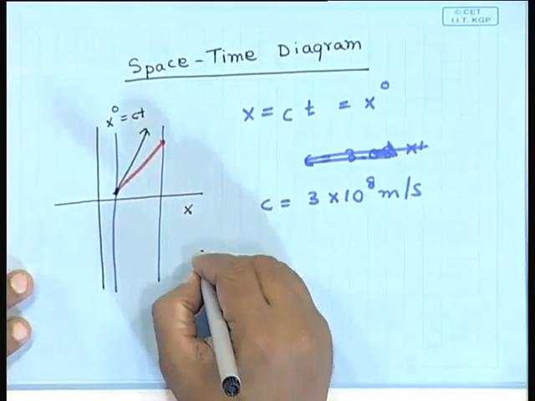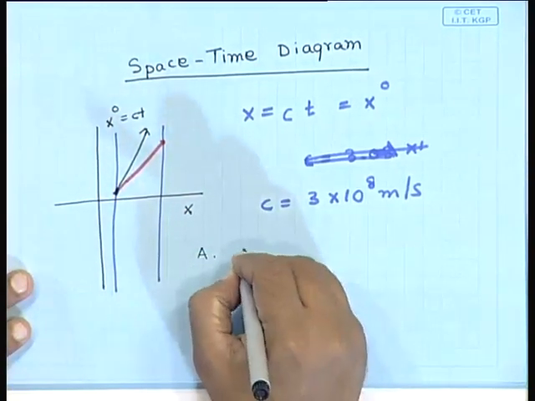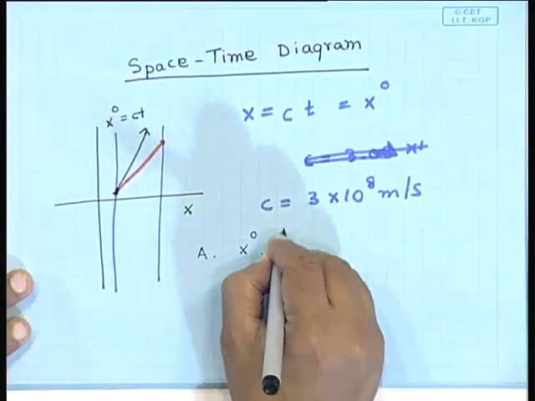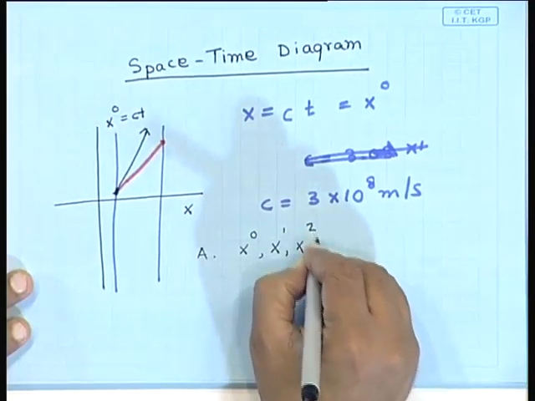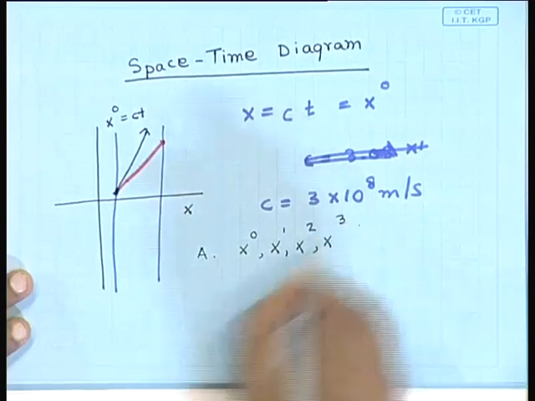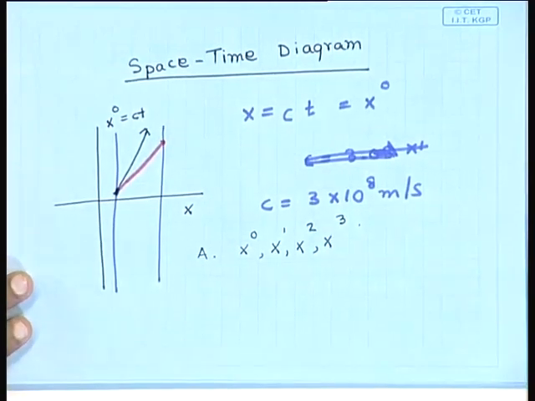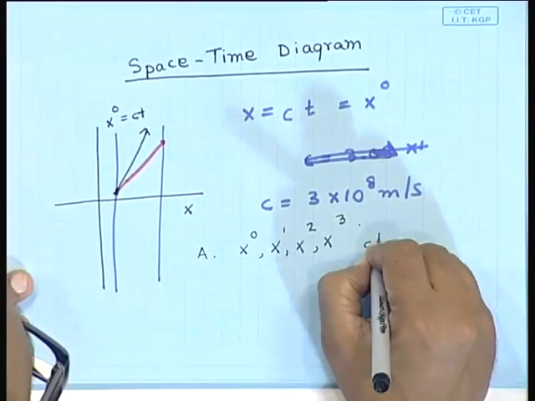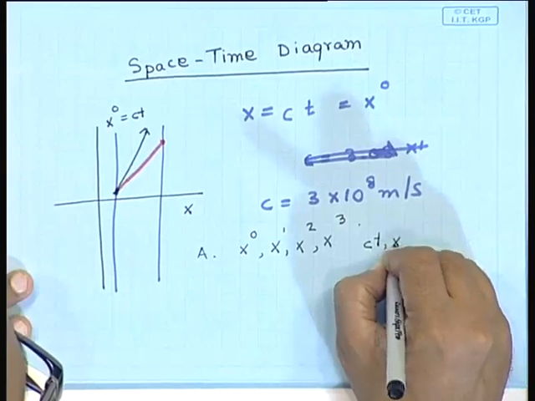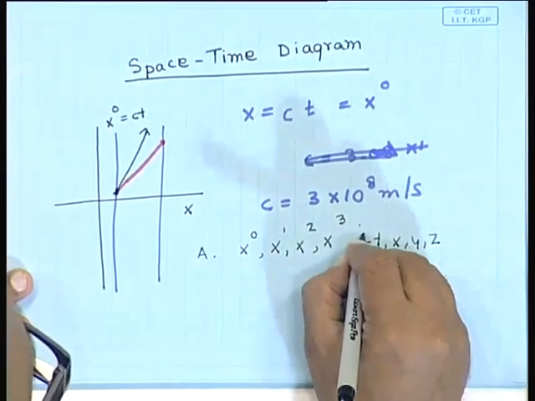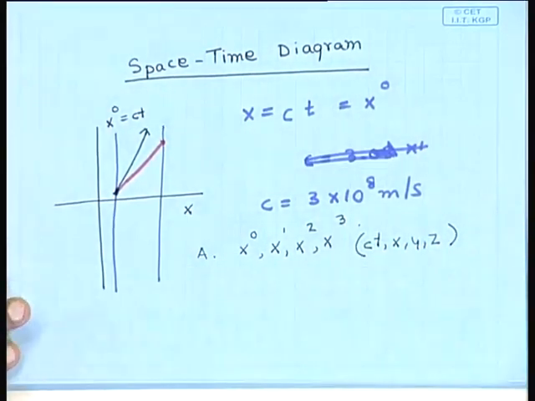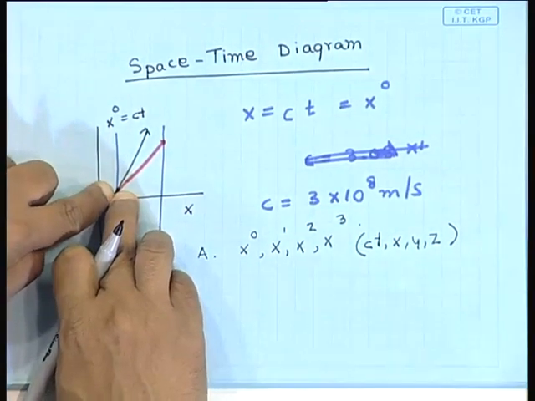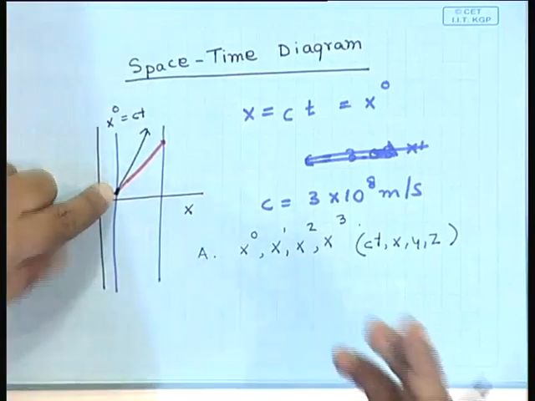The first event is A, which has coordinates x0, x1, x2, x3, that is ct, x, y and z, in other words, it occurred at the time t at the position x, y and z. So, we use these to label that event. This event could be that the photon is emitted from here, light is emitted from a star.